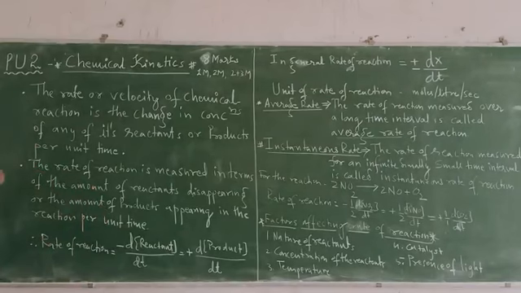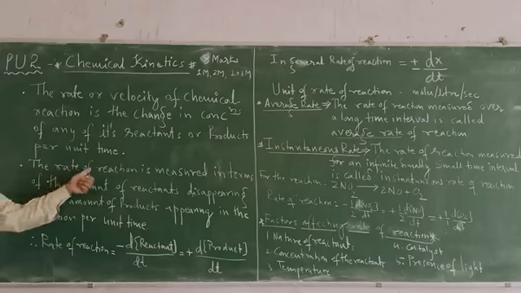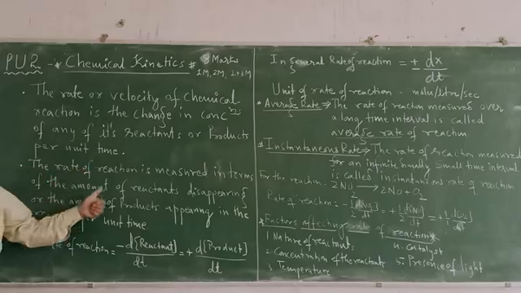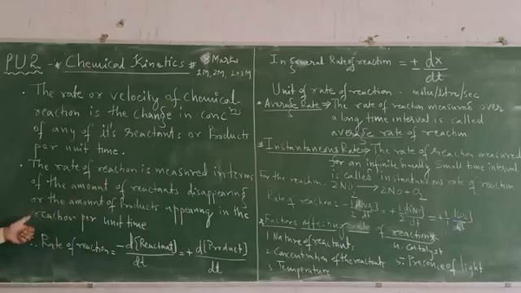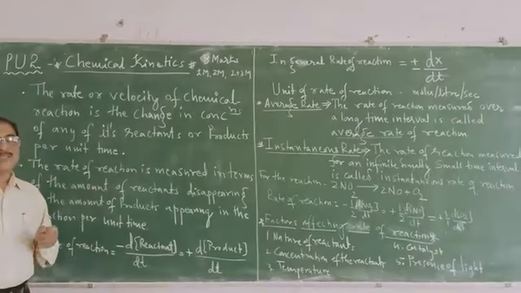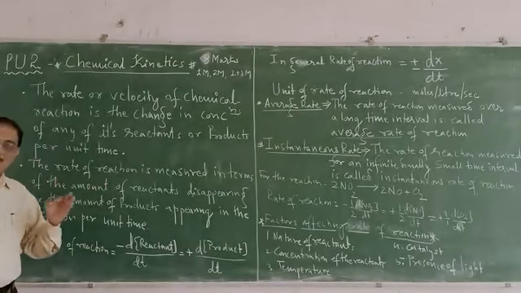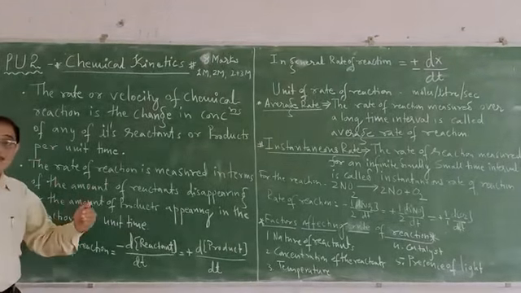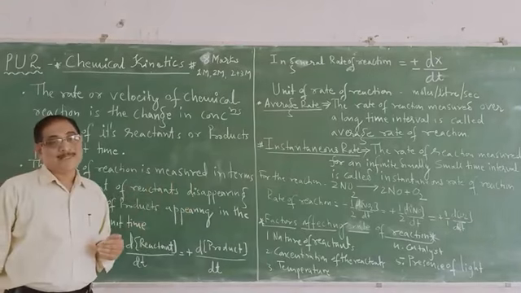That is the definition. Now, the rate of reaction is measured in terms of the amount of reactant disappearing or the amount of product appearing in the reaction per unit time. So, whenever a reaction takes place, concentration of reactant decreases and concentration of product increases.